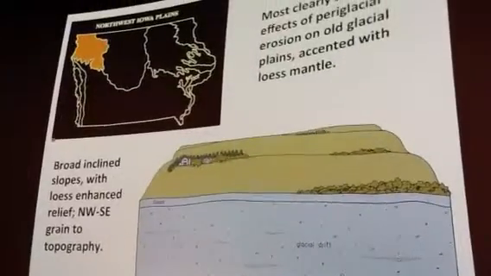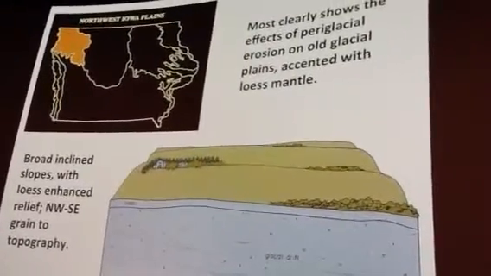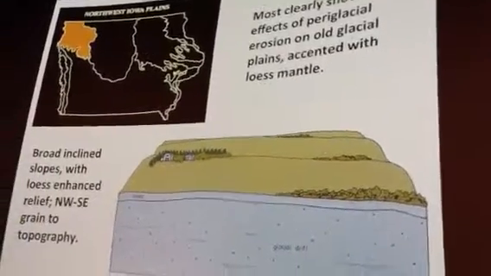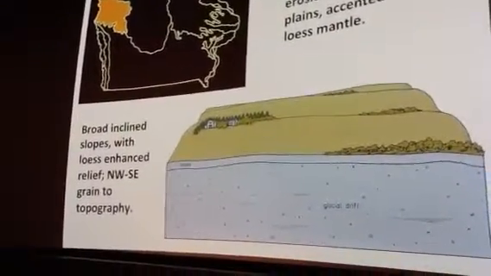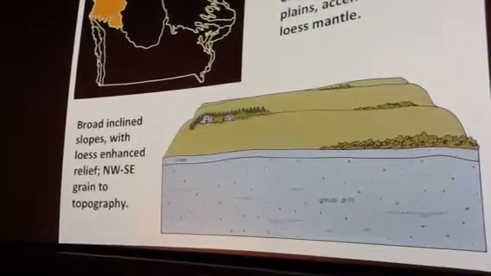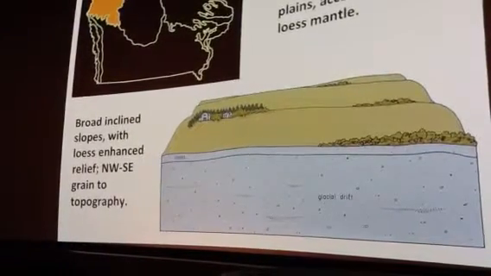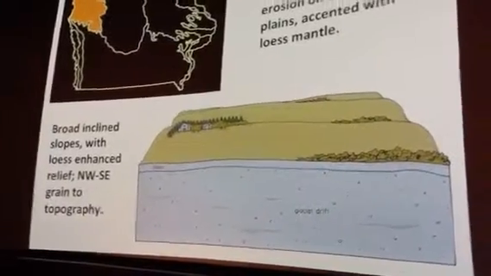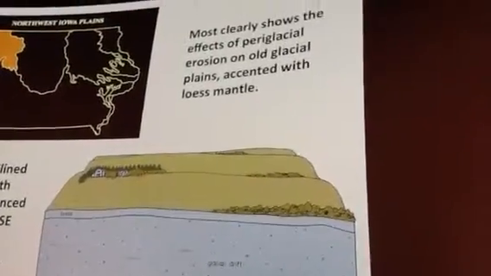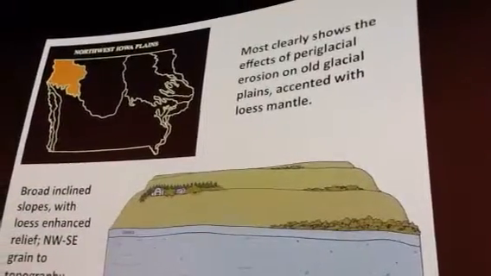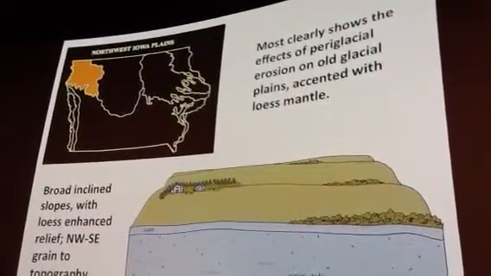We'll just look quickly here at the northwest Iowa plains. We're looking again at a subdued landscape, broad slopes, and this, as the Iowan surface I mentioned, most clearly shows the effect of this periglacial or near ice front intense erosion that took place eroding these older pre-Illinoisan glacial deposits.